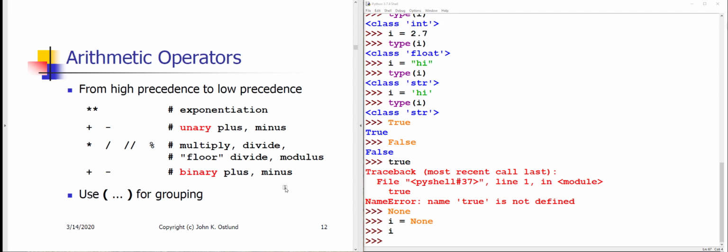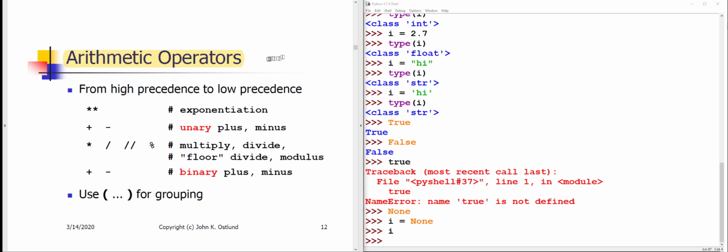Okay, so we've got int values like 123 and 5 and so on. We've also got float values like 2.7 and so on. We'd like to know how to do computations with these things, so let's take a look next at the arithmetic operators that Python provides.